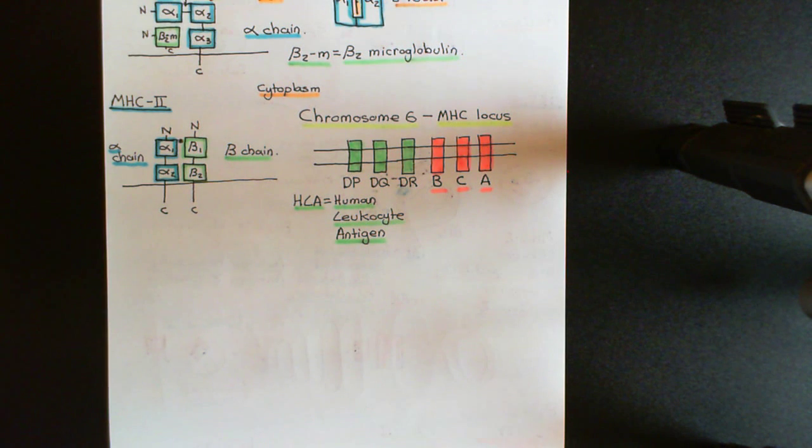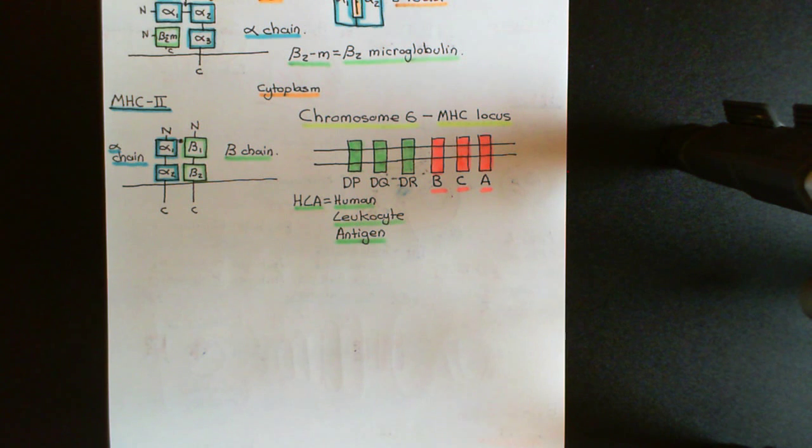Okay, right. So that's the first big concept that I want you to understand, that there are different types of MHC class 1 protein complexes and MHC class 2 protein complexes, but that all these different types perform the same function of presenting antigen fragments from intracellular pathogens in the case of MHC class 1 protein complexes, and from extracellular pathogens in the case of MHC class 2 protein complexes.